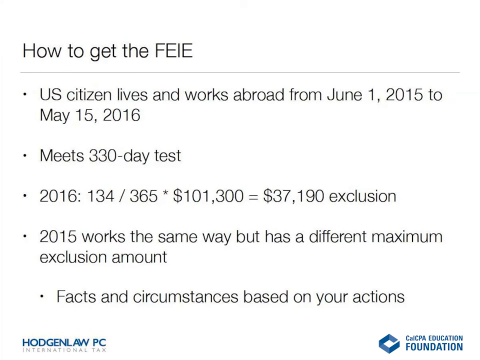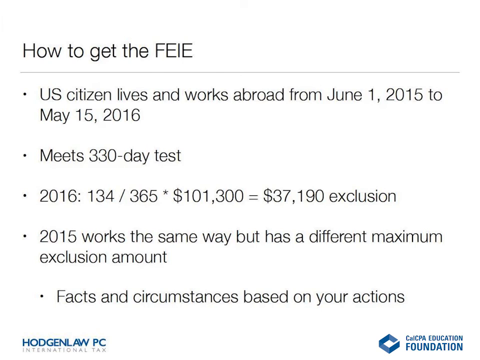Just to give an example for the physical presence test, so you can see a little bit more detail about what I was talking about from the last slide. Let's say you have a U.S. citizen who lives and works abroad from June 1st, 2015 to May 15th, 2016.